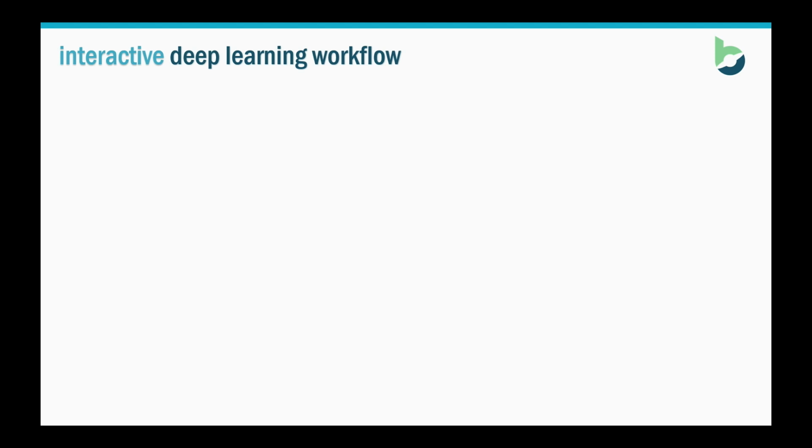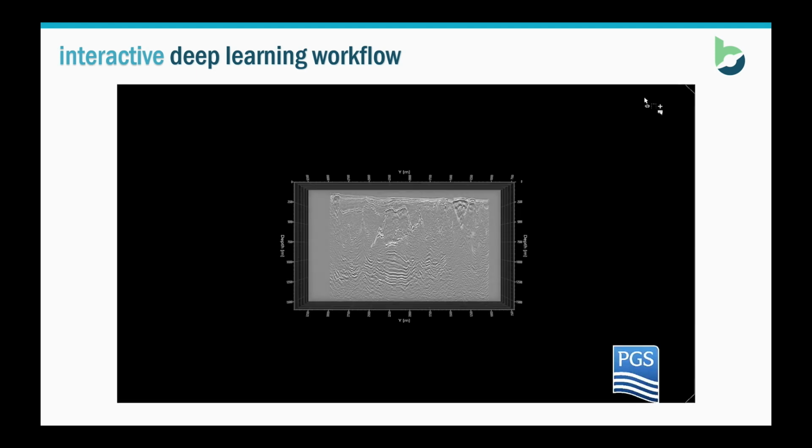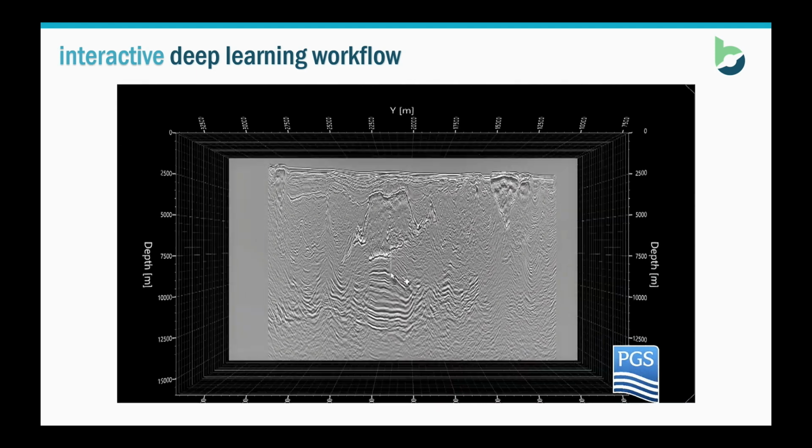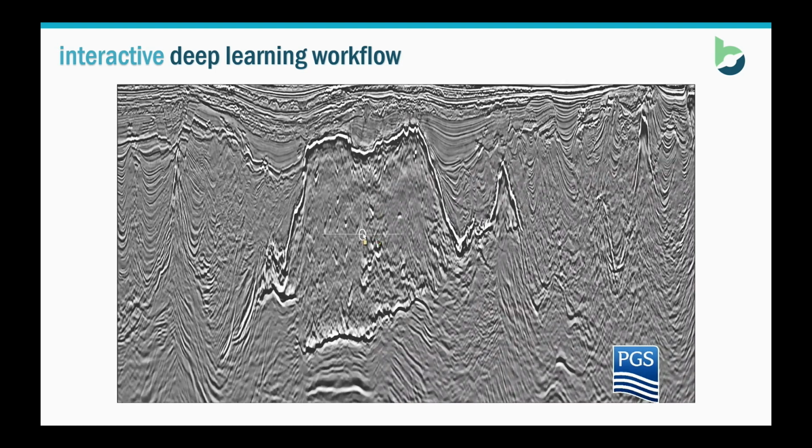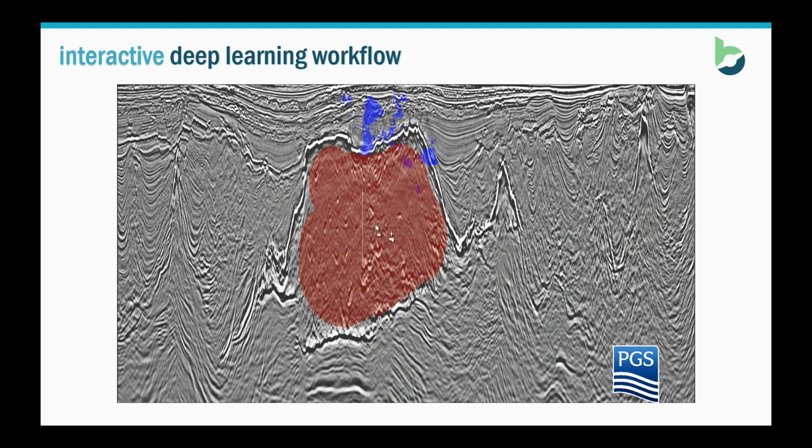And a little bit of disclaimer. The video is cut and edited a little. We actually labeled 8 lines instead of 2 as in the video to get to these results. The blue is the deep learning network continuously learning based on what the geoscientist does.